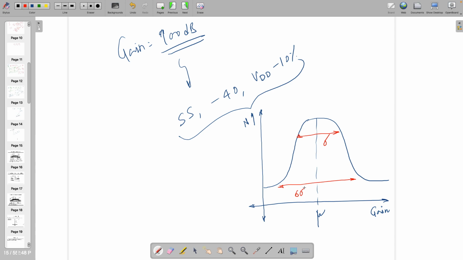Most companies like to see their designs working at 6 sigma. That covers essentially all the results, around 99%. That is what we check for all our designs, including our op-amp or whatever you are designing. So this is what we have to do, and this is what you need to learn in this course.